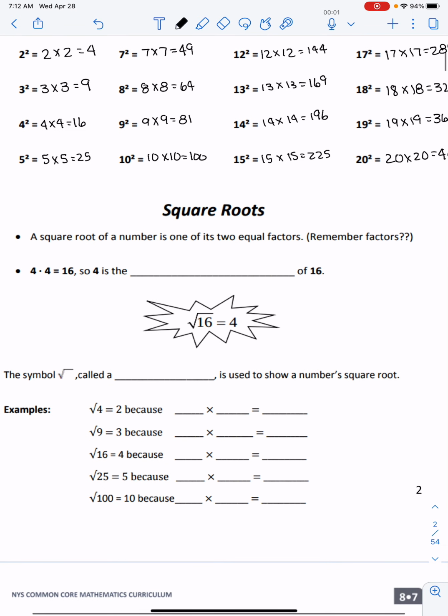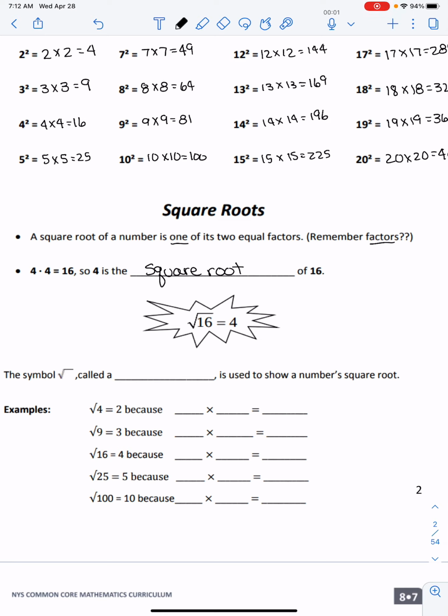So next, a square root of a number is one of its two equal factors. Okay, remember, it's a factor. So 4 times 4 is 16. So 4 is the square root of 16.